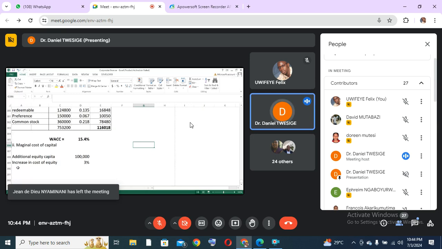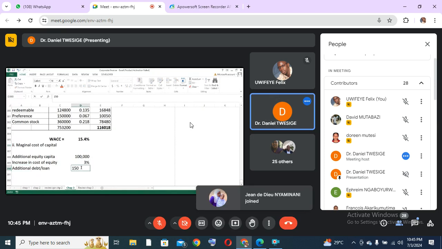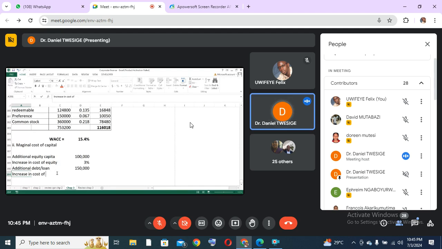Then, if you look at the additional debt or loan, it is 150, and the increase in cost of debt, cost of loan, is 4%.